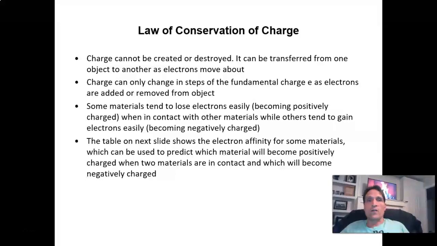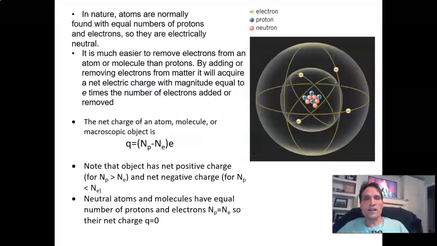Okay. And so materials that tend to lose electrons easily become positively charged, and materials that tend to gain electrons easily become negatively charged.